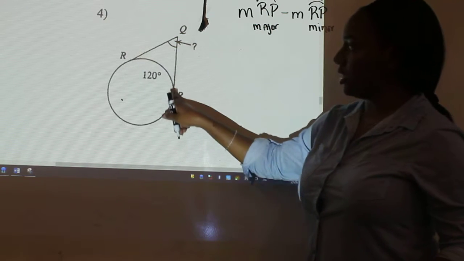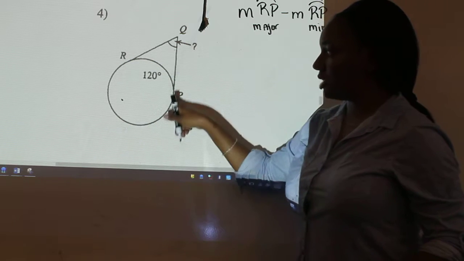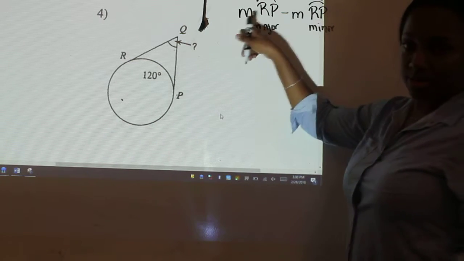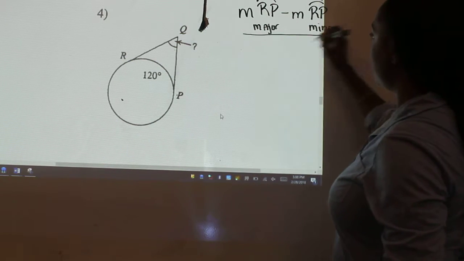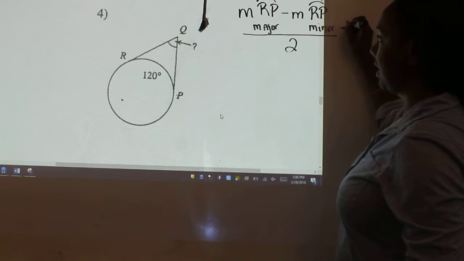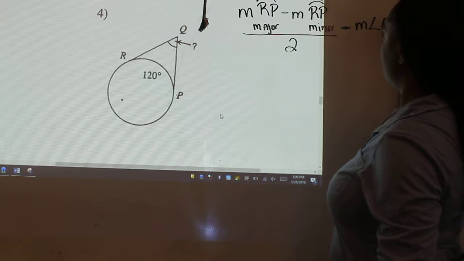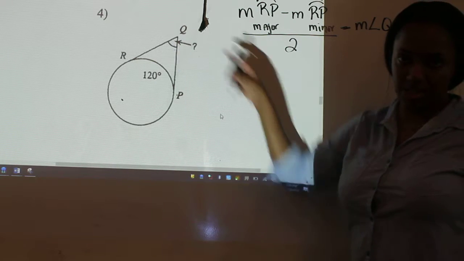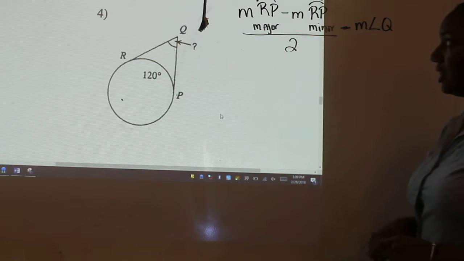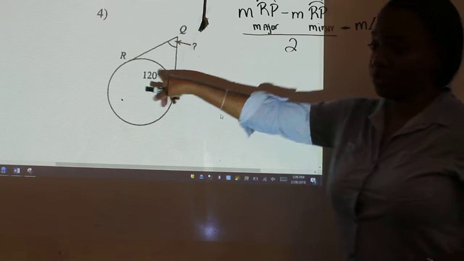So the minor is here, the major is outside. We're going to subtract them and divide by 2. That gives you the measurement for the angle. Let's call that Q, since that's the letter Q. That's our formula that we're going to use to solve for this.